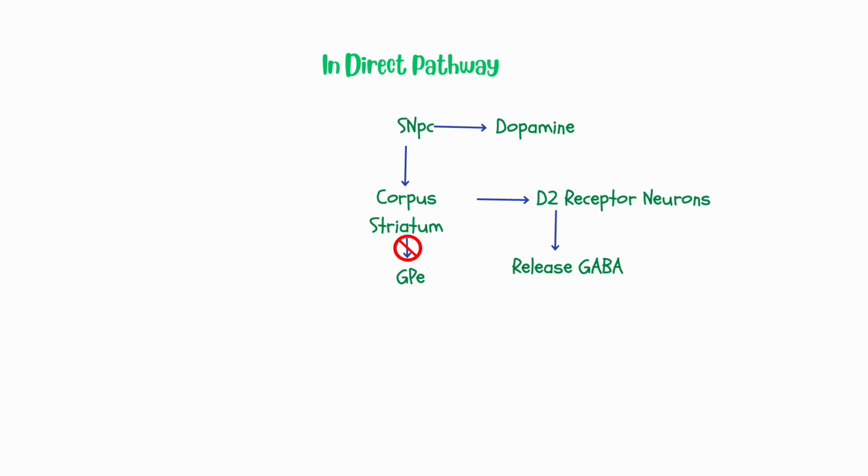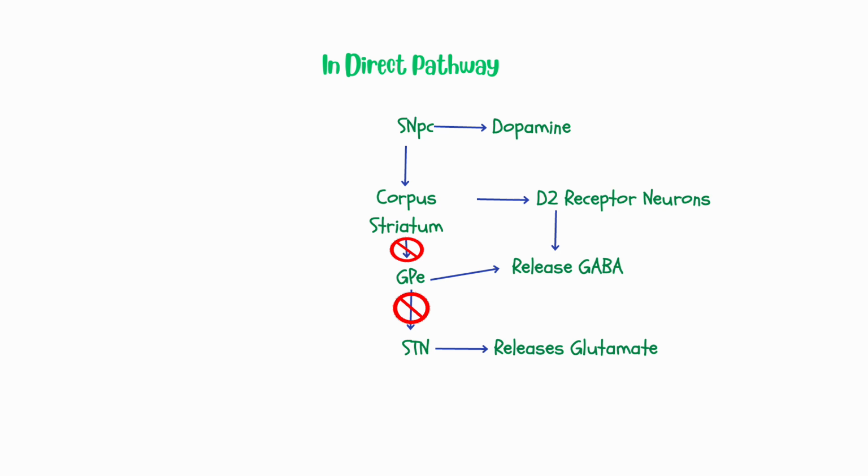Normally, the GPE projects to the subthalamic nuclei or the STN and releases GABA to inhibit it. This prevents the STN from releasing glutamate and stimulating the GPI.